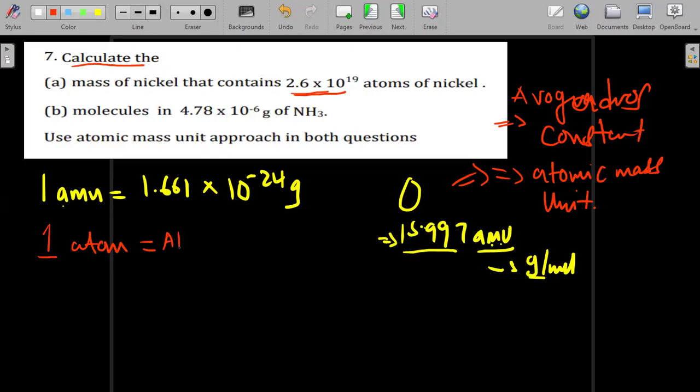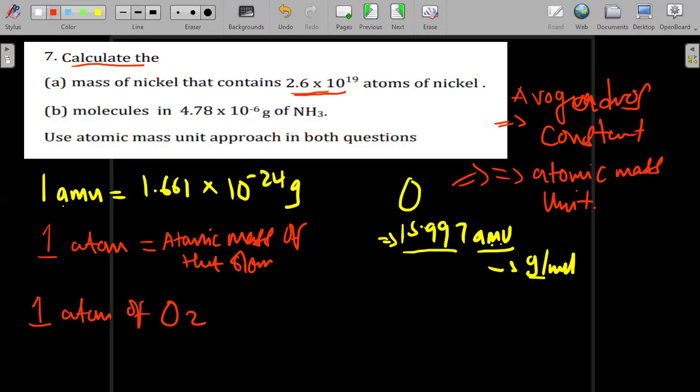Meaning if I have one atom of oxygen, its atomic mass will just be 15.997 atomic mass units. This is what I mean by this statement here.